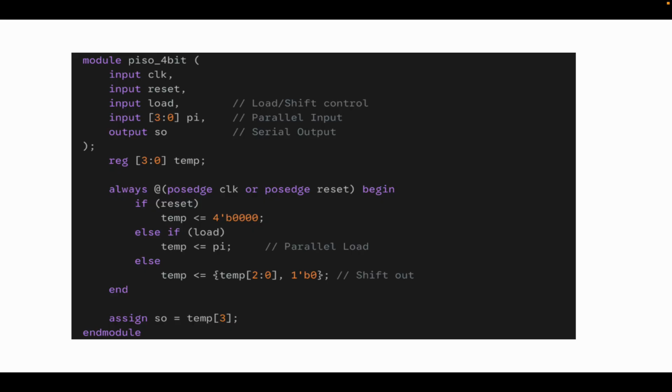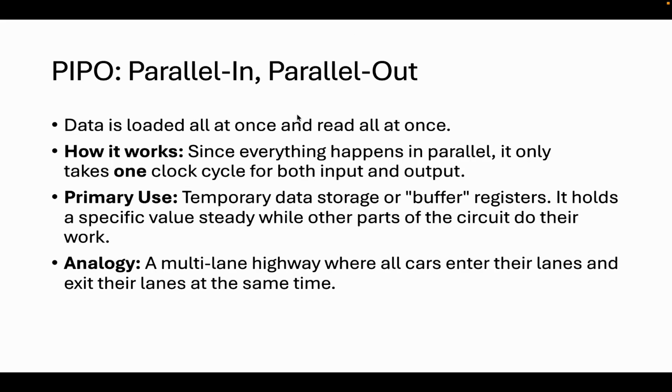That means your main line shifting process is enabled. Here you will get the same as your serial in parallel out and serial in serial out, what we saw. Similarly, we'll see in this also. It will shift out. And you are connecting this temporary variable to serial output. So each one will come one by one.